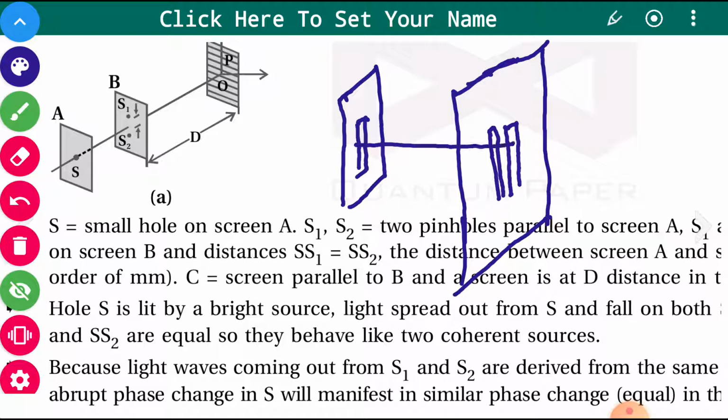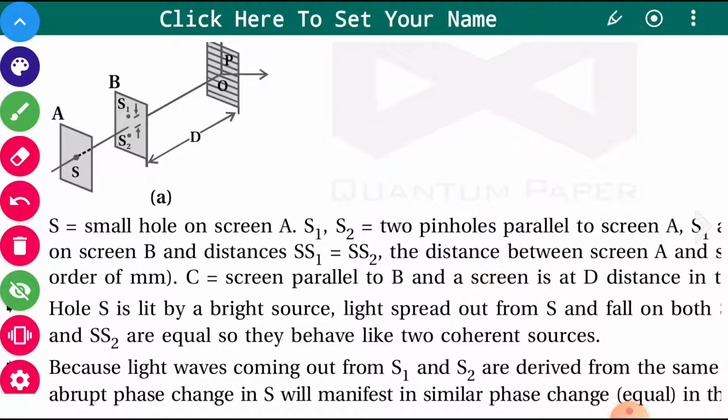The light will reach them simultaneously. This is your S, the first slit or first hole, and this is S1 on the second sheet, which has the slits. Then this is S2, the second slit on the sheet B. So SS1 and SS2 will be the same. The distance is the same.